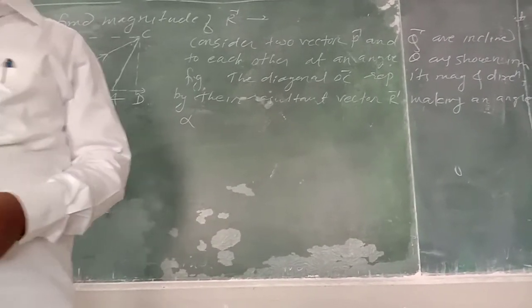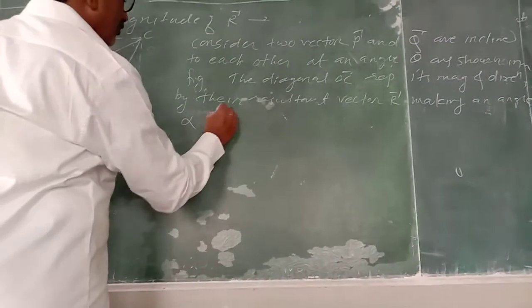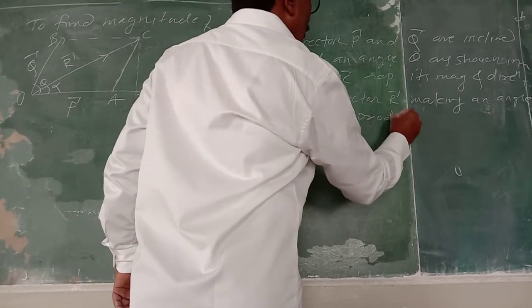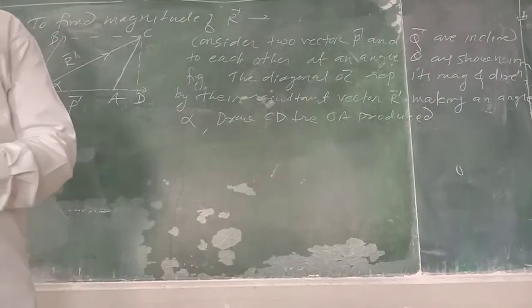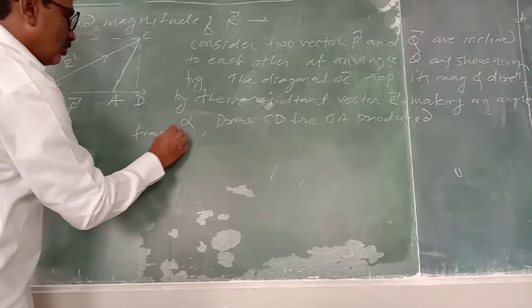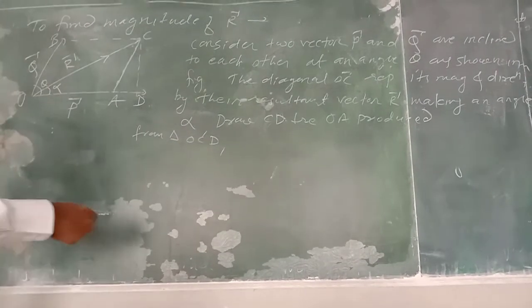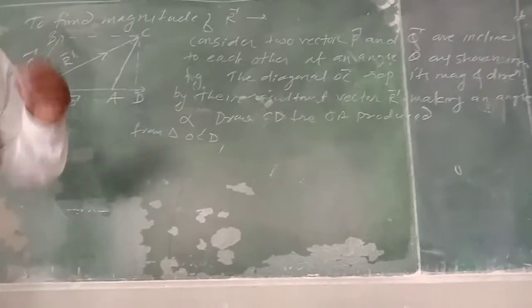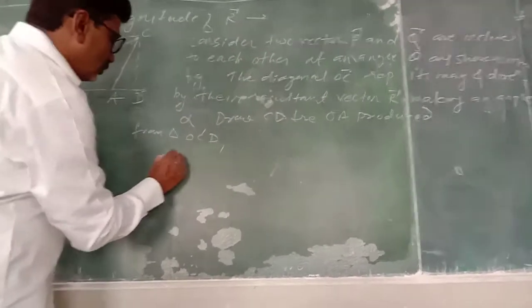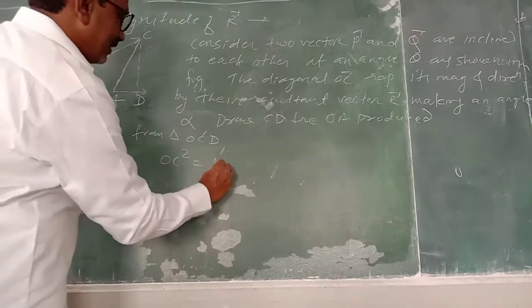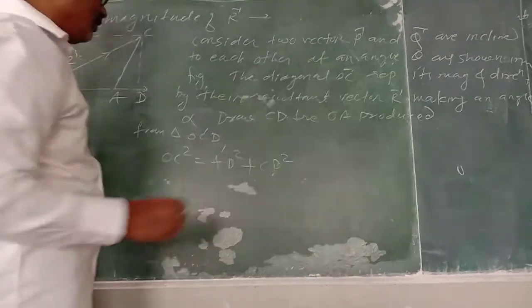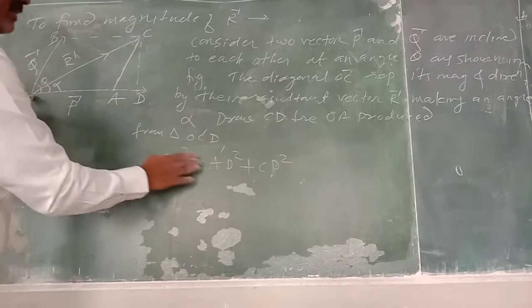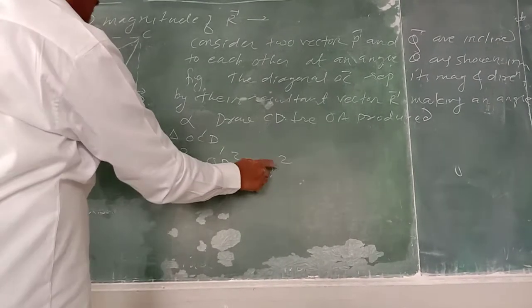Draw CD perpendicular to OA produced. From triangle OCD, I mean this triangle O, C and D, therefore OC square equal to OD square plus CD square.